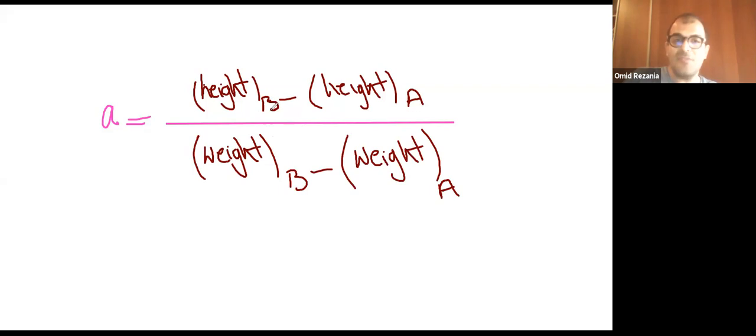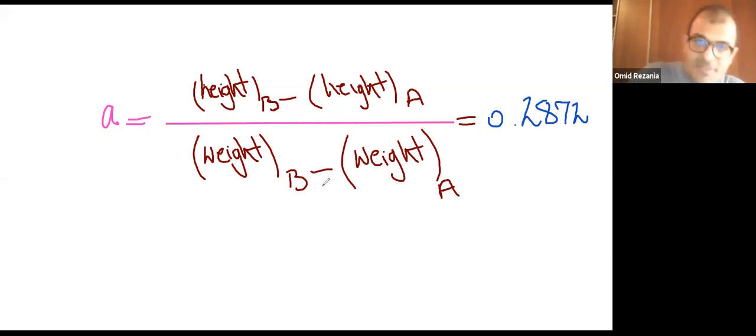Which we got that to be equal to 0.2872. Based on the interpretation, what does it mean? I'm just going to write it here because it's very important.